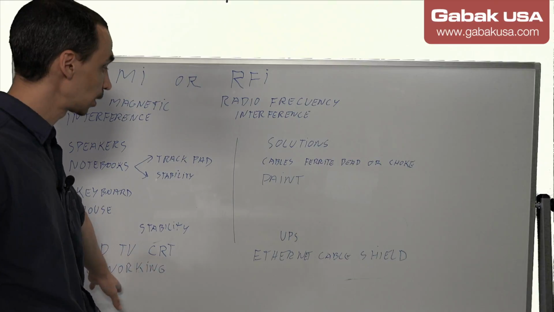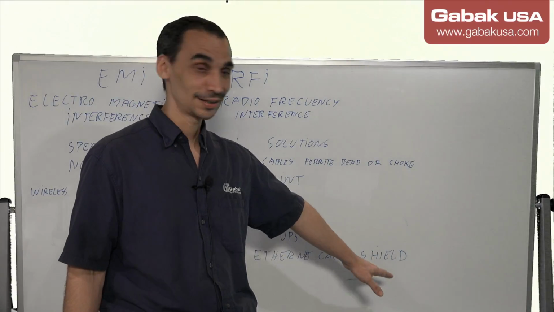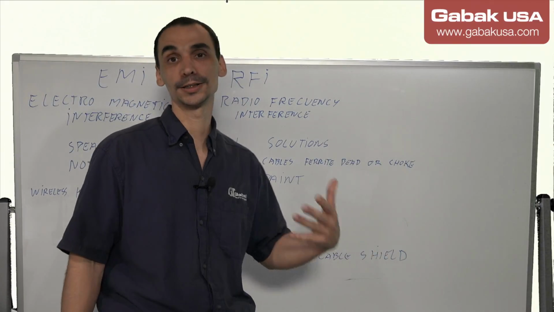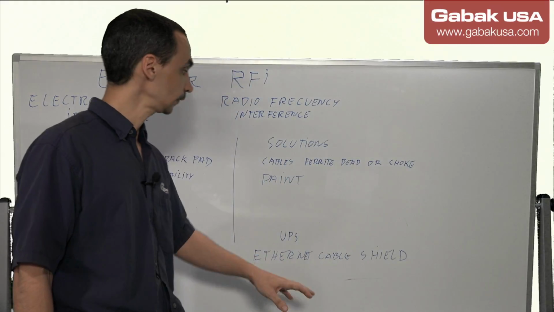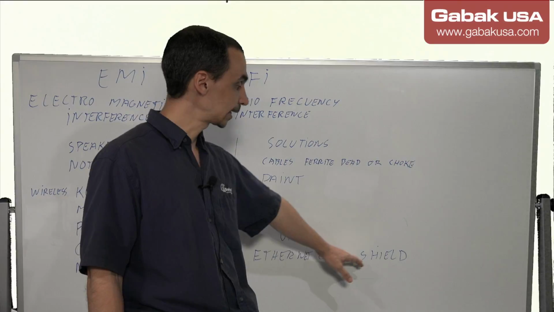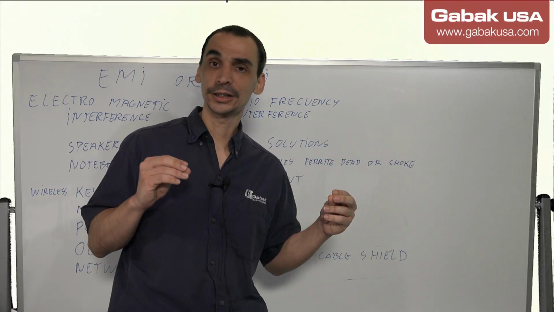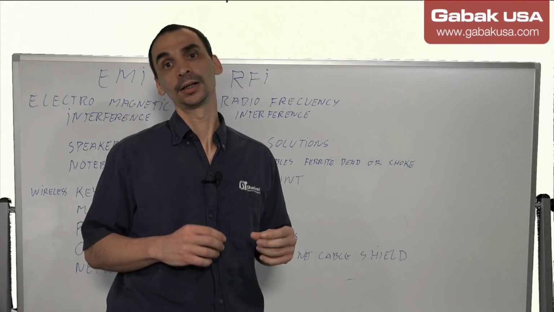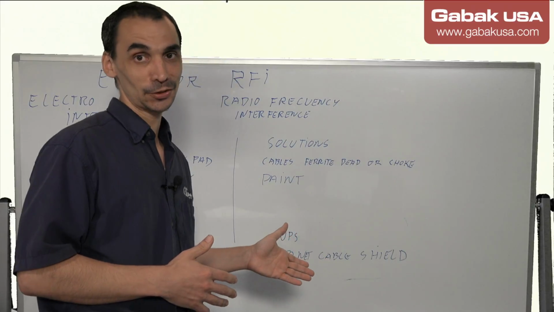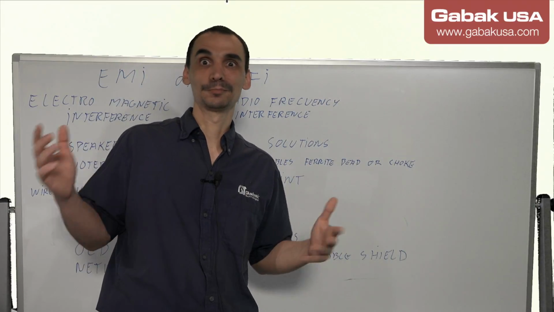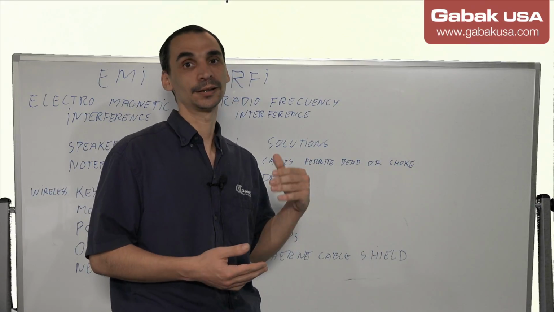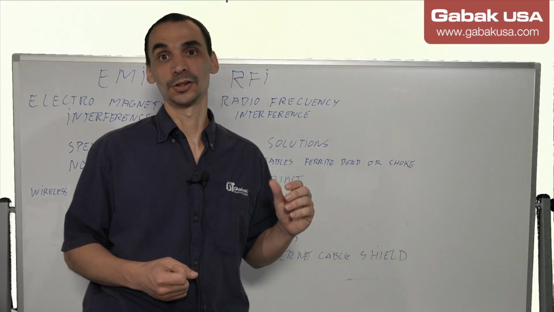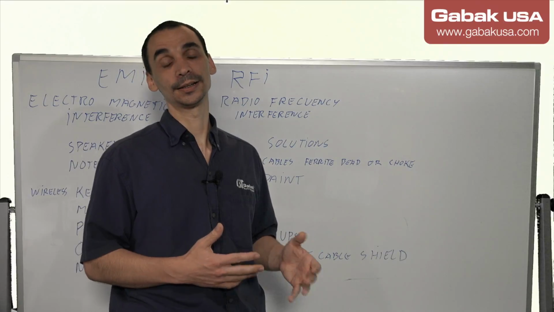Another thing for networking, like I say here, you have a special that we're going to talk about in another video. Ethernet cables have a special shield made of aluminum. This kind of protection will help you if there is a storm or electric interference, which may degrade or decrease the speed of the internet connection.